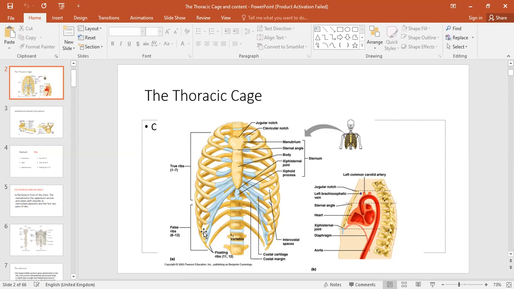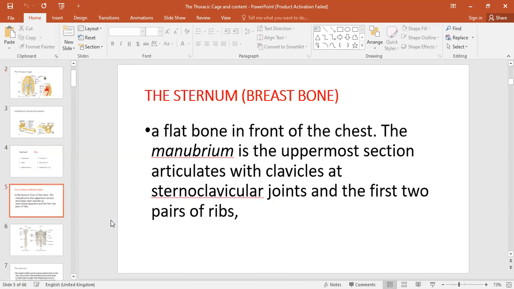Rib 9 is attached to 8 above it using a cartilage there. So these are quite different from 11 and 12, because they are sharing this attachment, but 11 and 12 don't have that characteristic. So that's how we can classify ribs based on attachment. We have false and true ribs. Okay. So true ribs 1 to 7, false ribs 8 to 10, floating ribs 11 and 12.